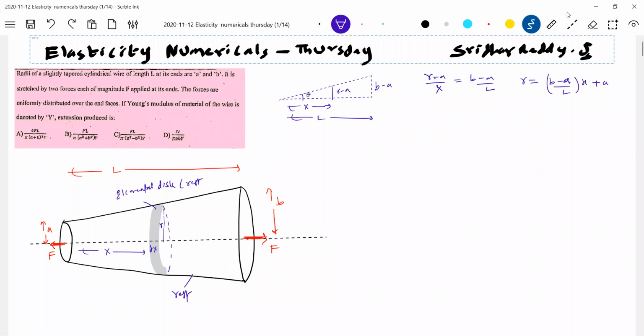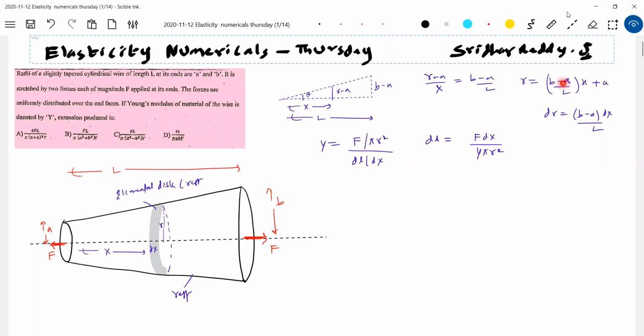So Young's modulus is equal to F by area, pi r square. Elongation in that element is dl, length of that is dx. We wanted elongation dl, so this dl will become F dx by Y pi r square. Let me differentiate this: dr equals (B minus A) dx by L. Differentiation of A will be 0, A is a constant, no? B, A, L are constant.